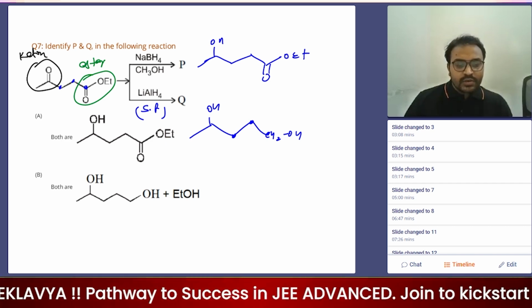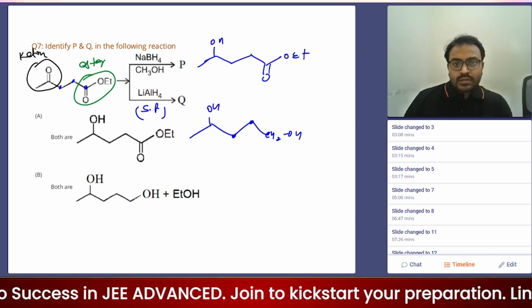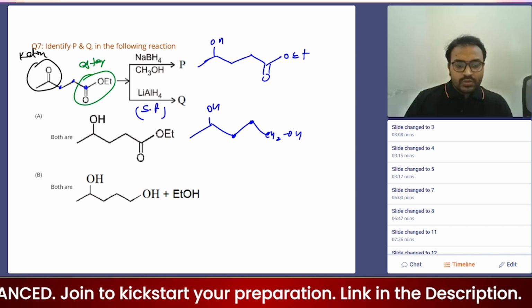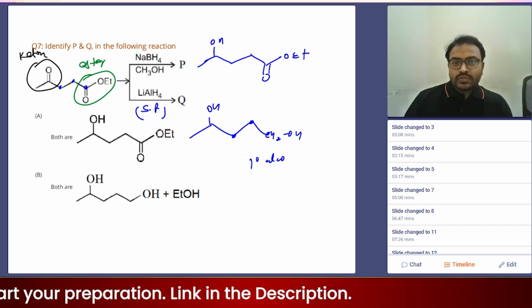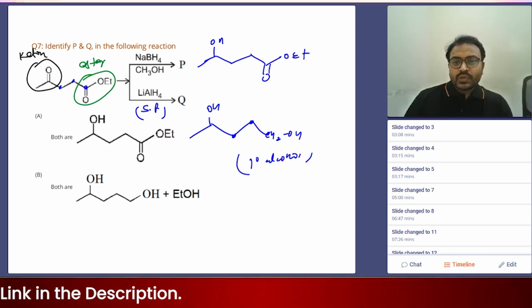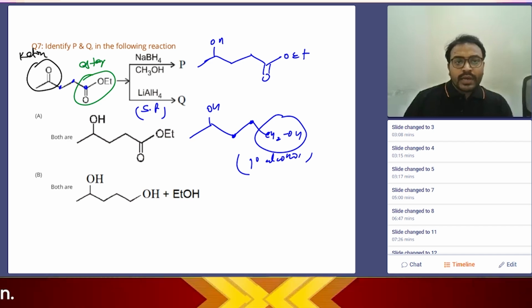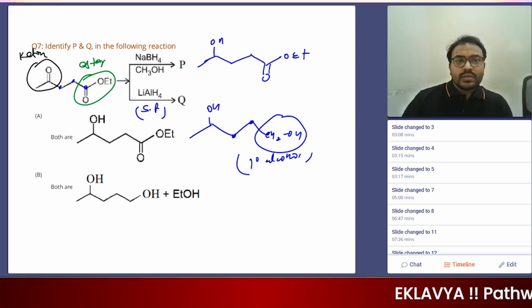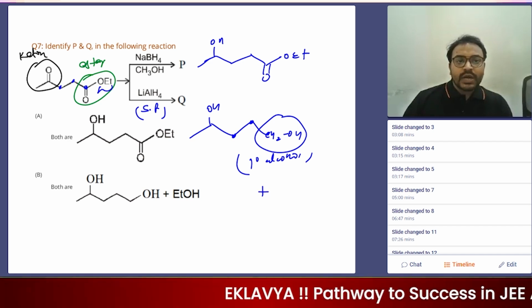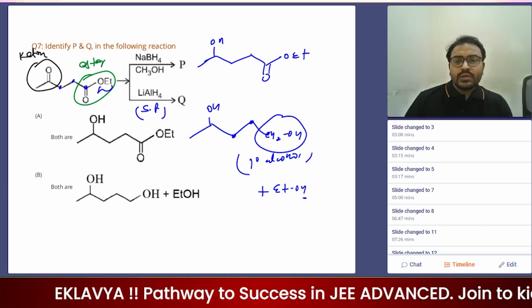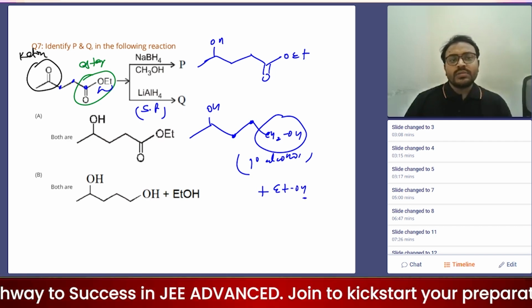This is a primary alcohol. Okay, so how many carbons are present here? 1, 2, 3. So this is a 1-degree alcohol, and the rest of the structure, this part also converts into EtOH.